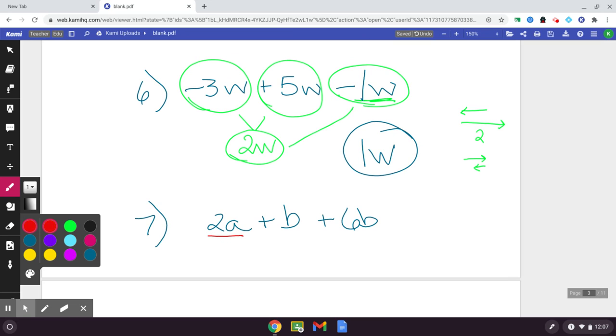So I am just going to bring down the a. Okay, I do see some b's. I see b and 6b. So I'm going to combine those together. Well, what's the coefficient in front of that b? I see 1b, so there's really a 1 there. I'm going to think 1b plus 6b gives me 7b. And that's my final answer.